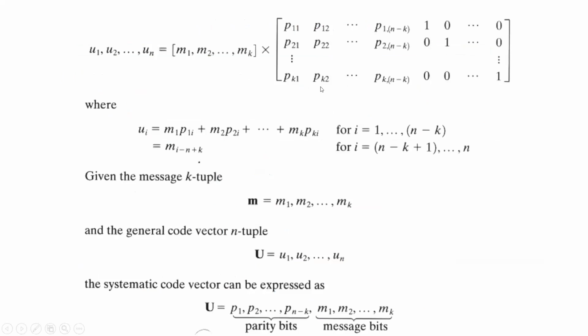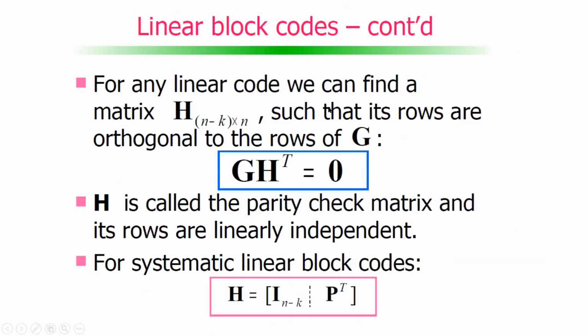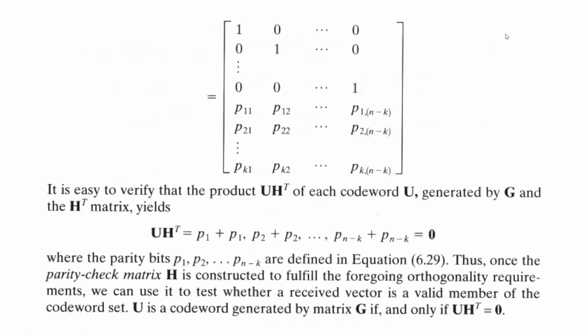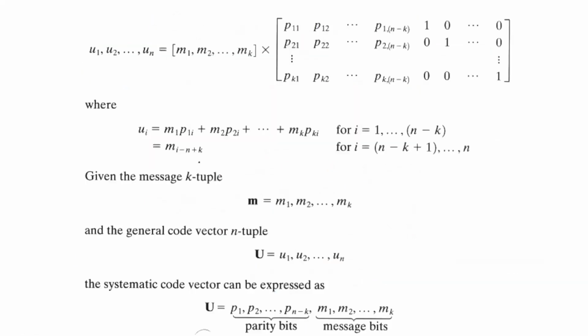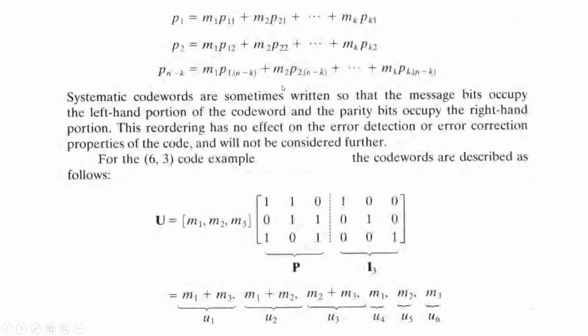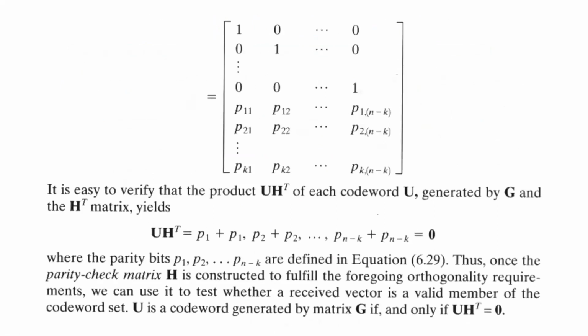Once I do the transpose, it comes at the lower portion like this. So this is my P transpose, P11, P12, because the rows become the columns, and the columns become the rows. All right, so this is my parity check matrix.